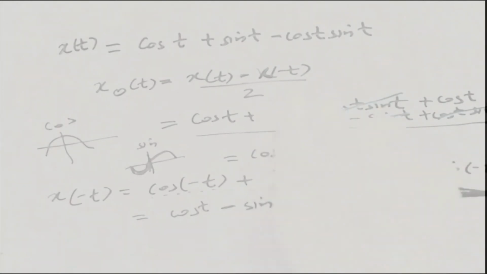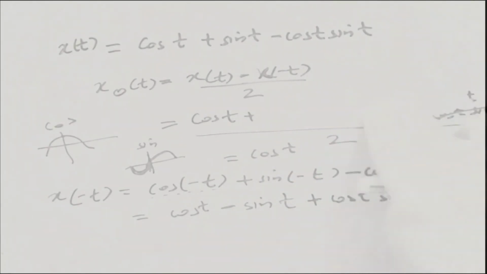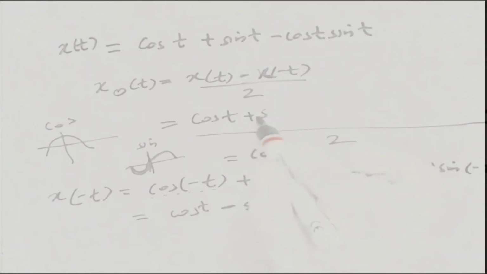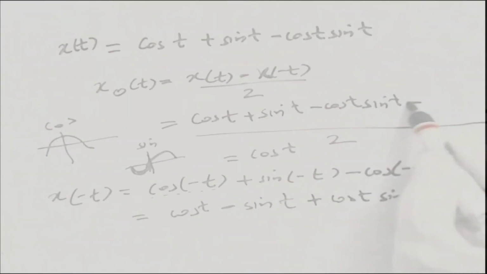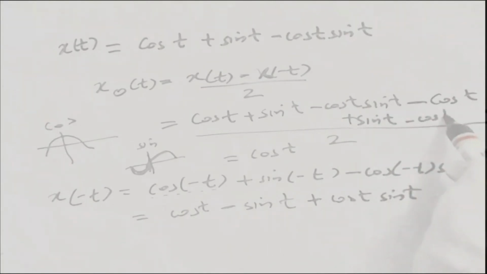So now what we're going to get here is cos t plus sin t minus cos t sin t, minus of x of minus t, which is cos t minus minus plus sin t minus cos t sin t, divided by 2.